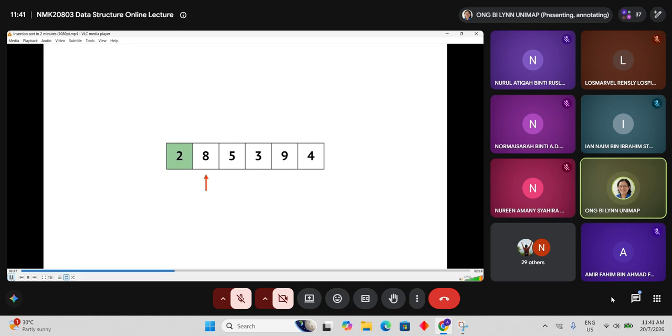Our first 2 items are now sorted. Next, we have 5, which we can see is out of place. We know it needs to be after 2, so we swap it with 8. Our first 3 items are now sorted. On to 3. Again, it's out of place. We swap it with 8 and 5 until it's in the correct position.